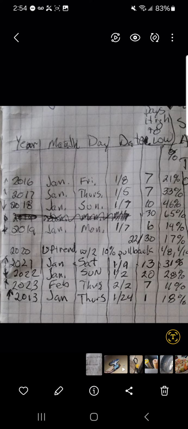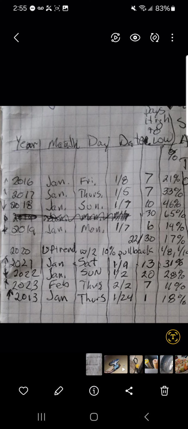And that was in 2019 on a downtrend. In 2020, we were on an uptrend, and we had, why does it say W/2? Oh, with 2? Well, I don't know why I wrote it like that.